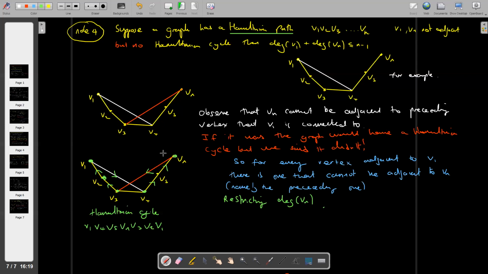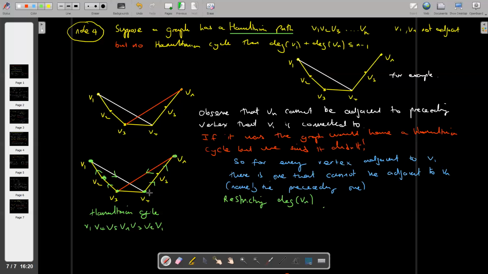That gives us some limit on the degree of Vn. For every vertex adjacent to V1, there's one that Vn cannot be adjacent to. For example, if V1 was connected to V5, then Vn could not be connected to V4.